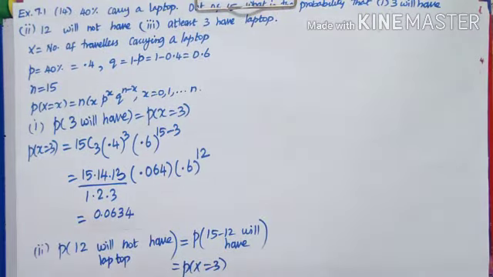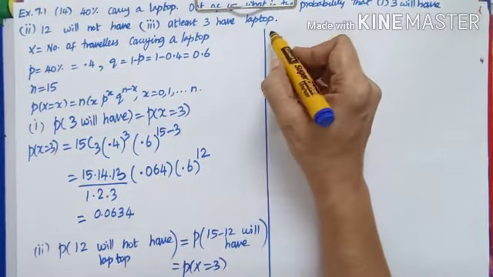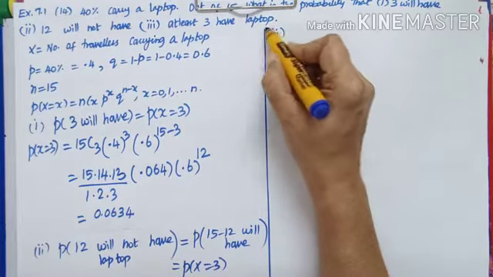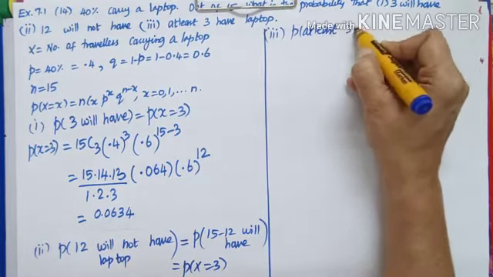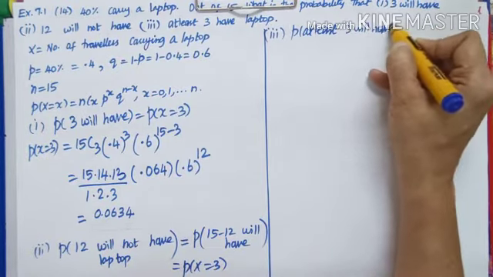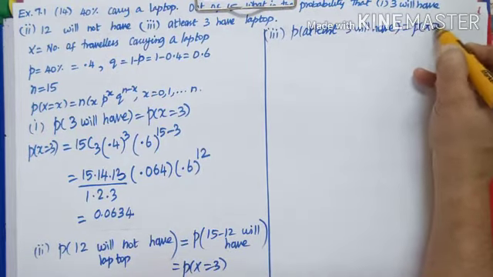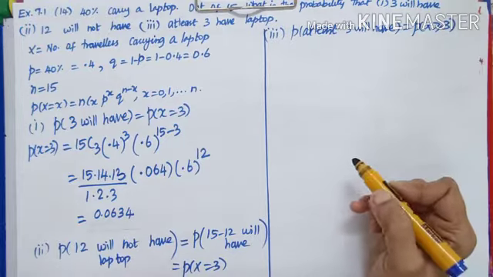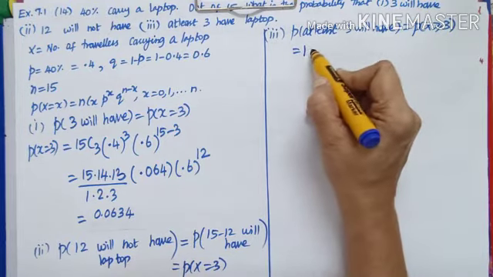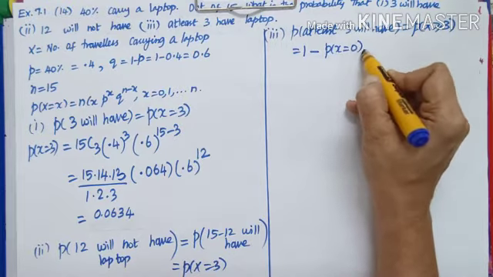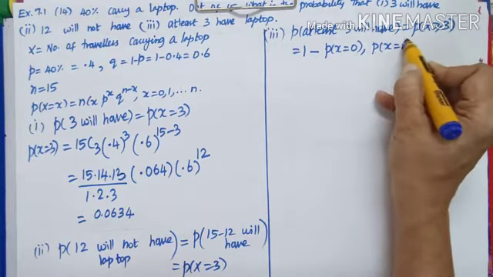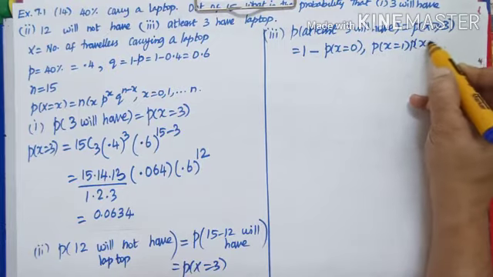Third part of the question, at least 3 will have the laptop. The words at least tell me P of x greater than or equal to 3. That is 1 minus P of x is equal to 0, x is equal to 1, x is equal to 2.